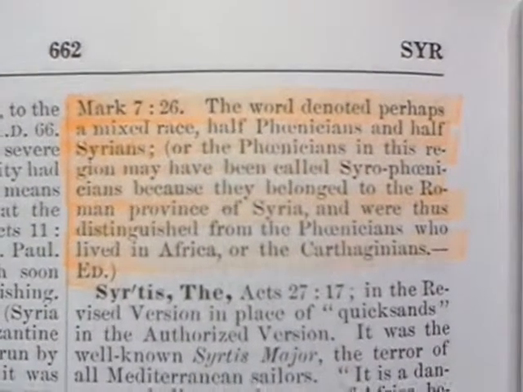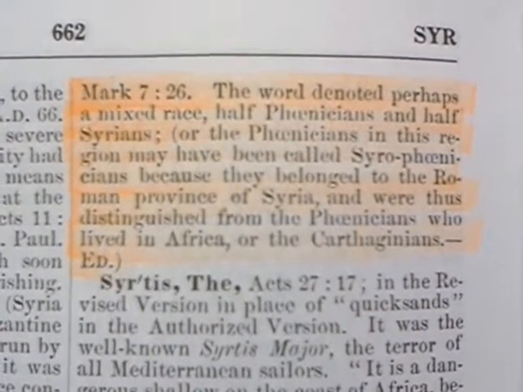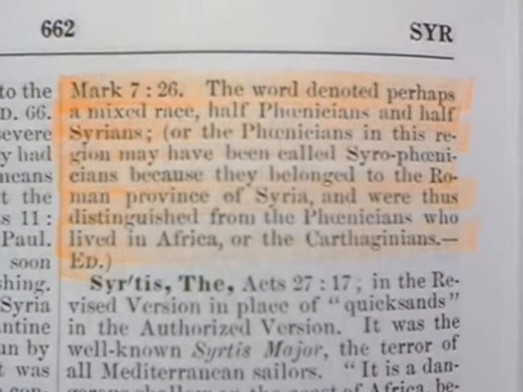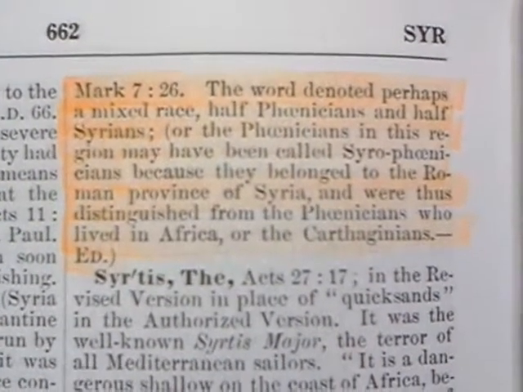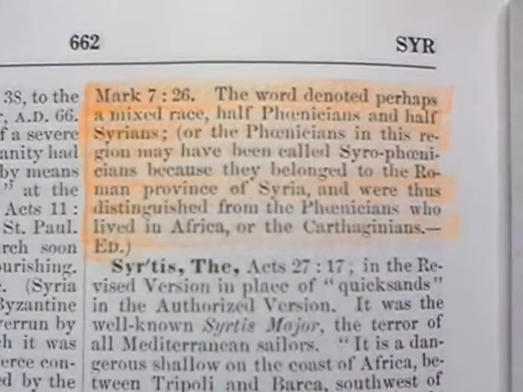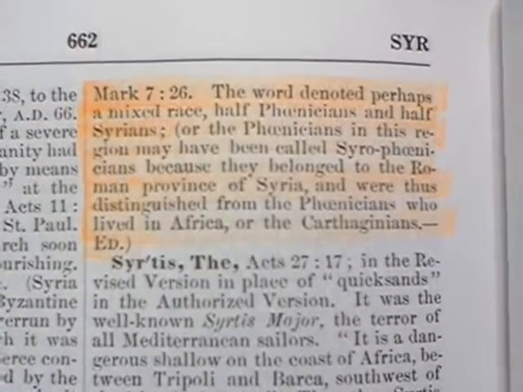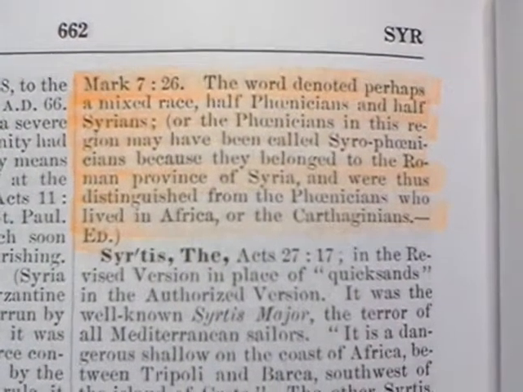So she had to be a Phoenician dwelling in the area of Syria, which was a Roman province, because they belonged to the Roman province of Syria, and were thus distinguished from the Phoenicians who lived in Africa, or the Carthaginians.